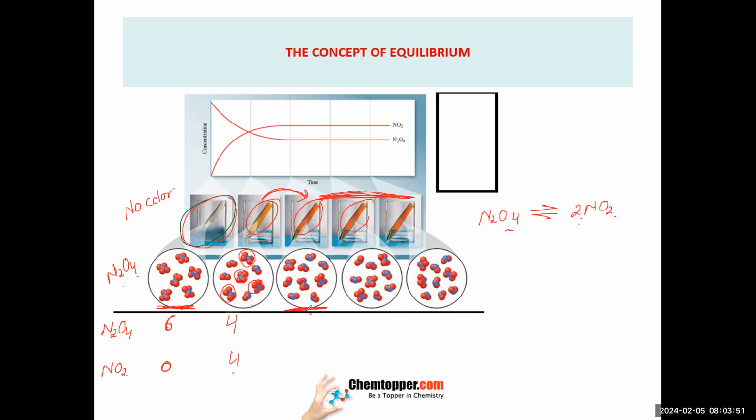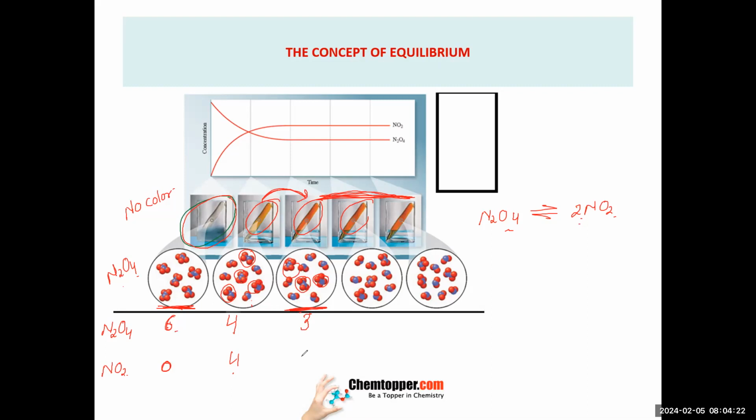Count N2O4. 1, 2, 3. So it means out of 6, 3 has reacted.